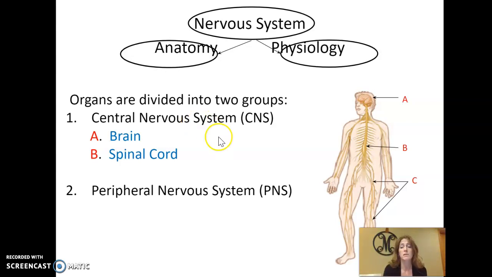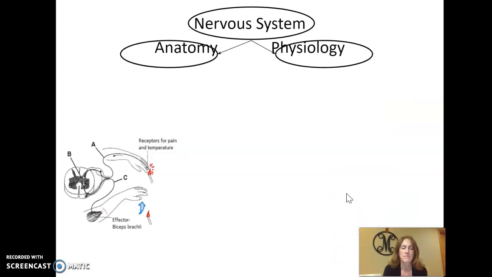So the peripheral nervous system then is letter C here. And it's all these nerves that come off of the brain and the spinal cord and then radiate all the way down your legs, all the way down your arms. So you have all the nerves that are associated.